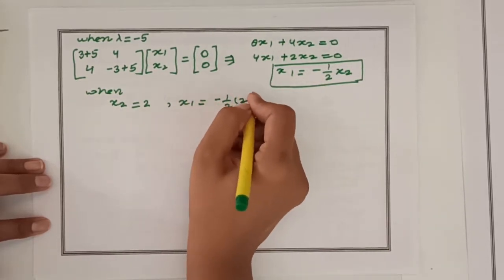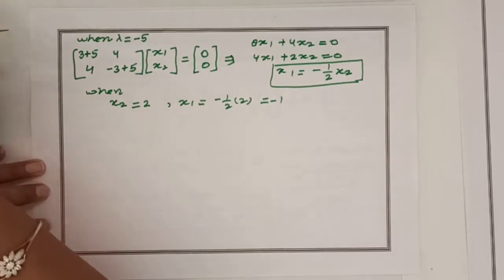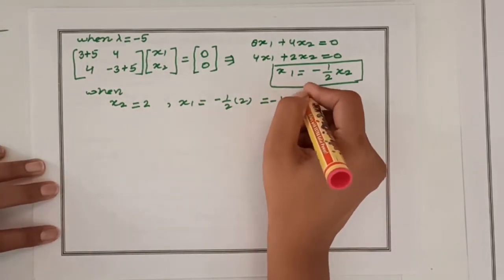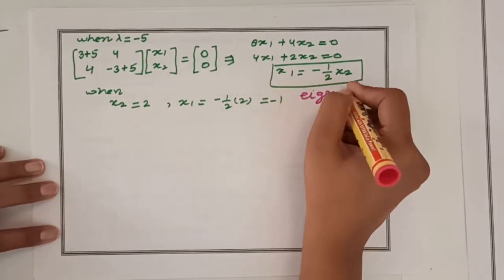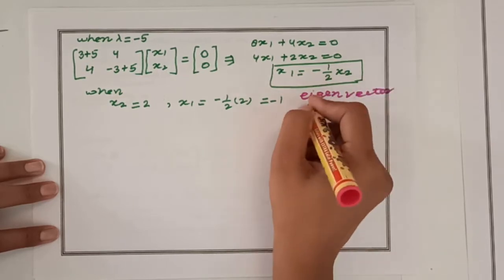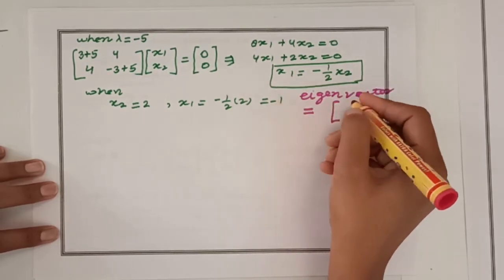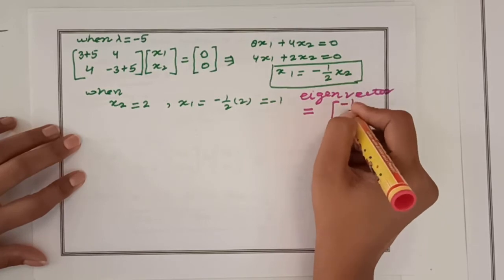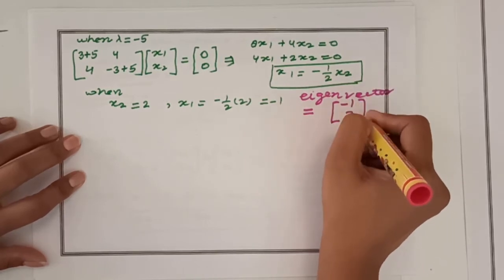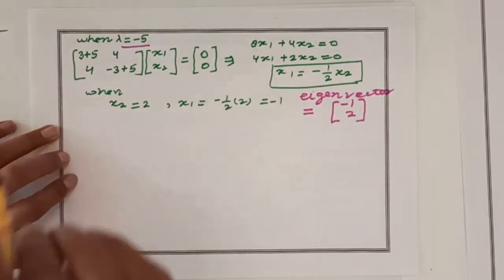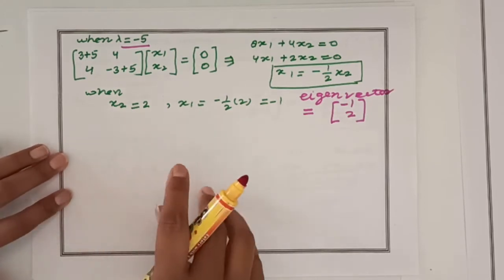Minus 1 by 2 of 2 is minus 1. So in this case, the eigenvector will be x1 is minus 1 and x2 is 2 when the eigenvalue was minus 5.